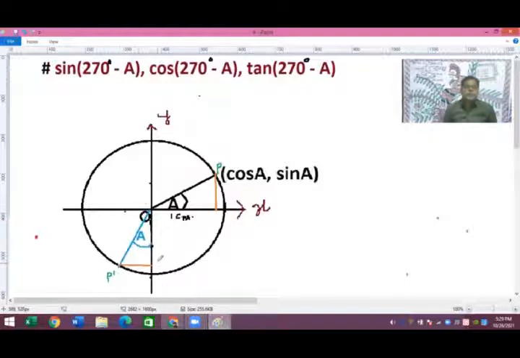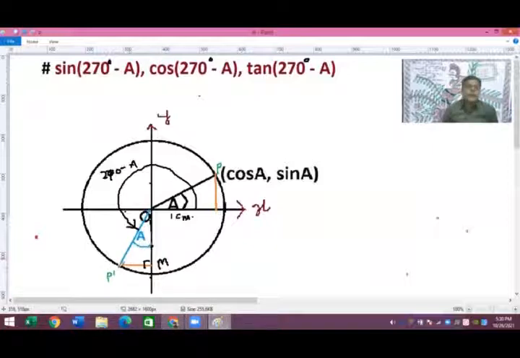So P dash, you can say M is the foot of the perpendicular over here. So this is angle A and this is angle A here. So from here up to here, if you check, this would be 270 degrees minus A. Because up to here is 270 and up to here A is taken off, so it is minus A, and this is in the third quadrant, remember it.